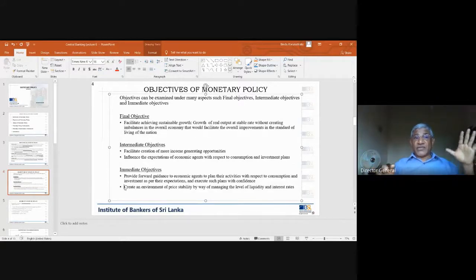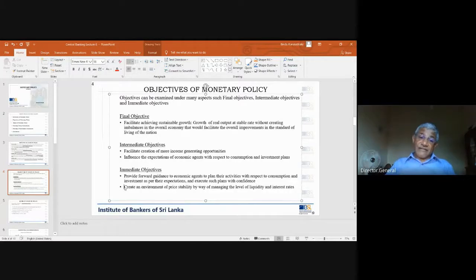If you take a basket of goods and services, the CCPI, if the CCPI was 100 in 2019, and it is also 100 in 2020, the value of the price index is the same, there is no change, inflation is zero. No, here it does not mean that. Price stability does not mean maintaining zero inflation.